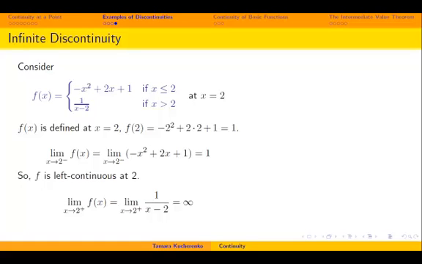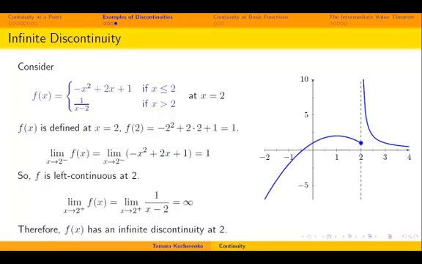Therefore, the limit is positive infinity. Because the right-hand limit is infinite, we conclude that f has an infinite discontinuity at x equals 2.